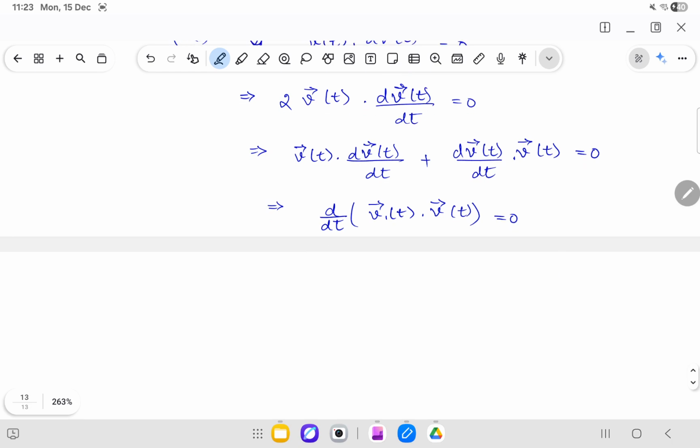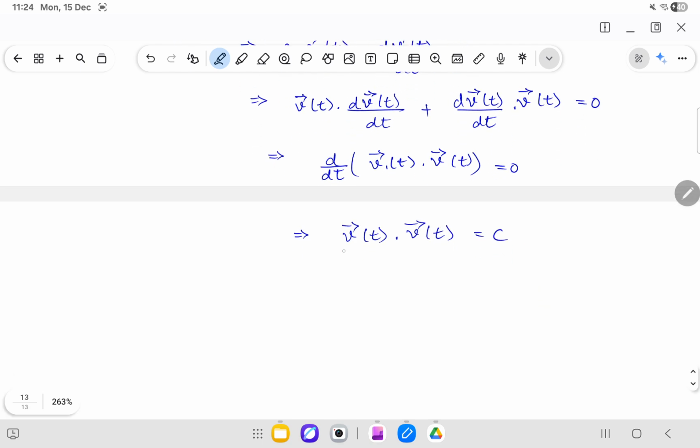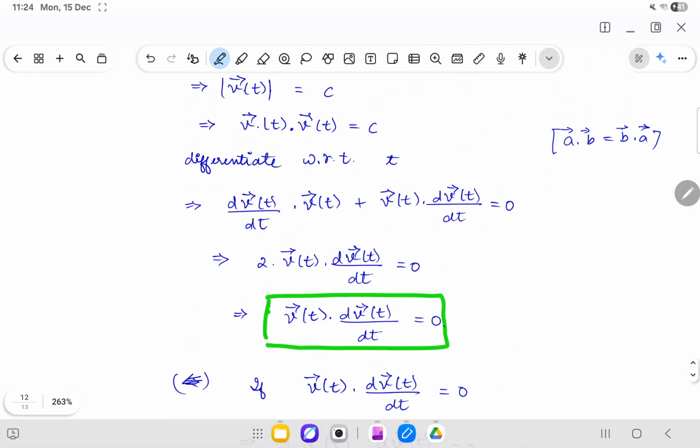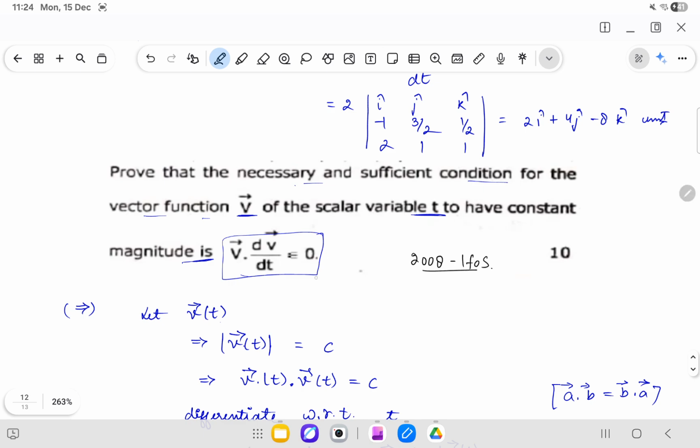If the derivative is 0, then we can conclude that v(t) dot v(t) must be equal to some constant, and this term is basically the magnitude of v squared. So from here we got that if the given relation holds, then the magnitude of v vector is constant. So this proves the necessary and sufficient condition both.